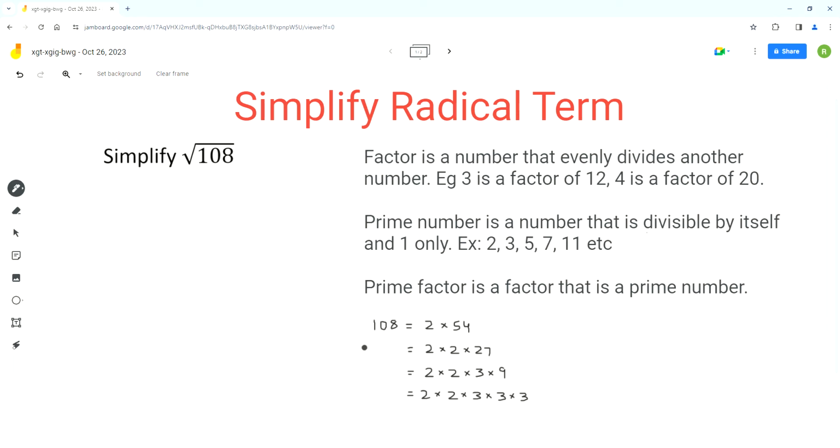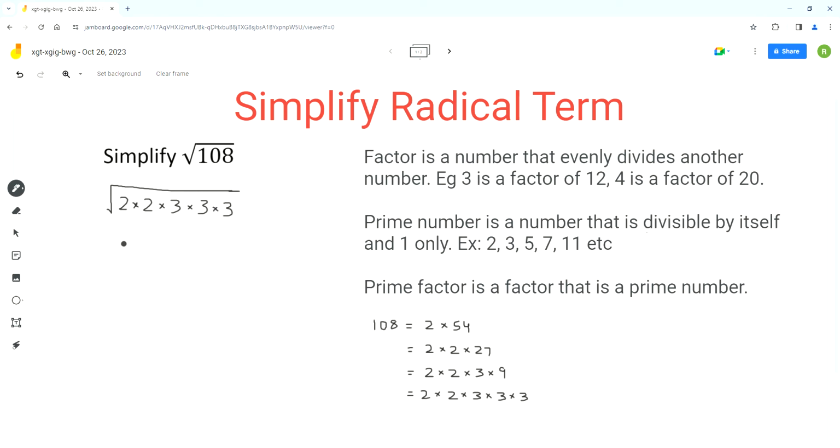The next step is to break down 108 into these numbers. So it's a multiplication statement of these prime factors. So 2 times 3 times 3 times 3. Now we can simplify this expression.